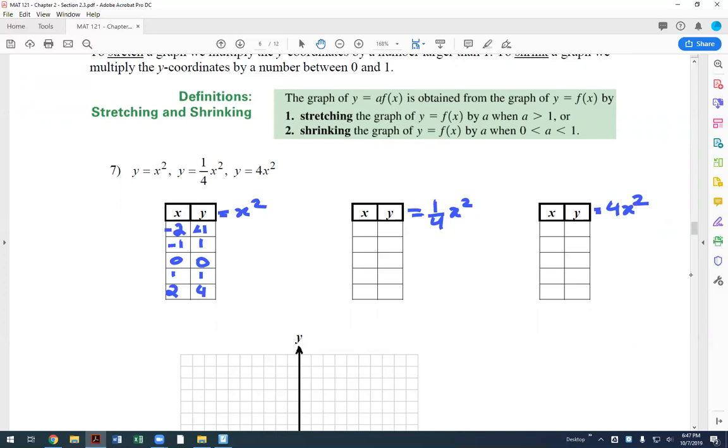Yeah? Okay, let's see what happens. What do my y values look like for the 1/4 x squared function? Lexi? It's going to be 1, then 0.25, and 0, and 0.25.